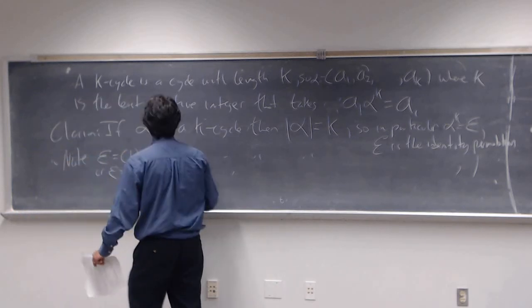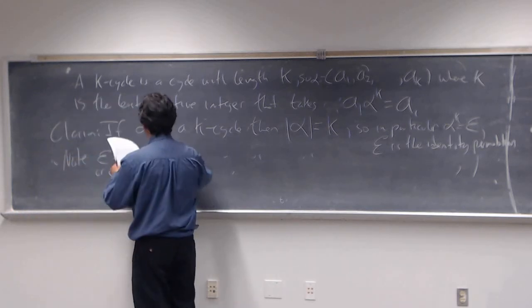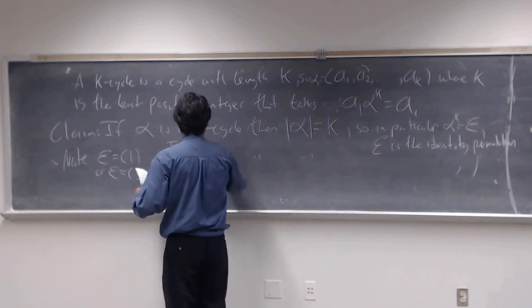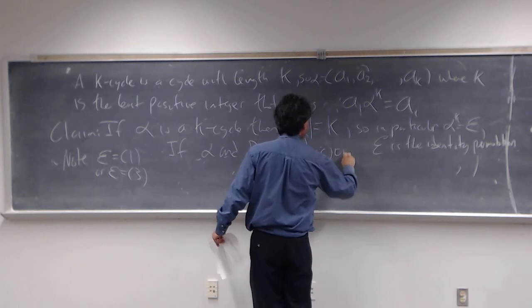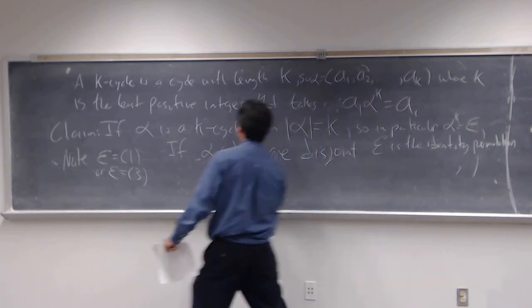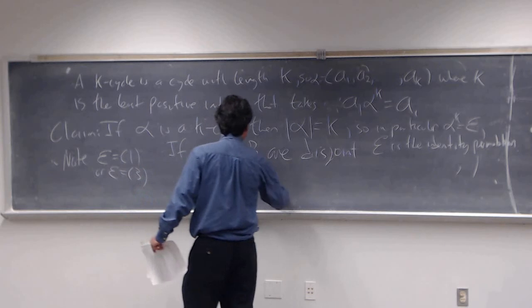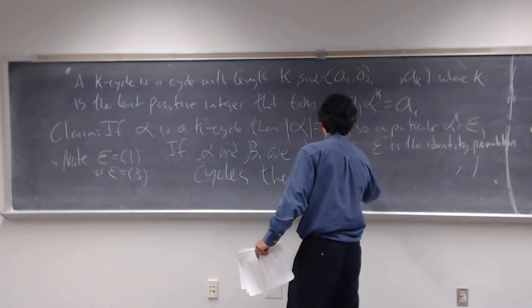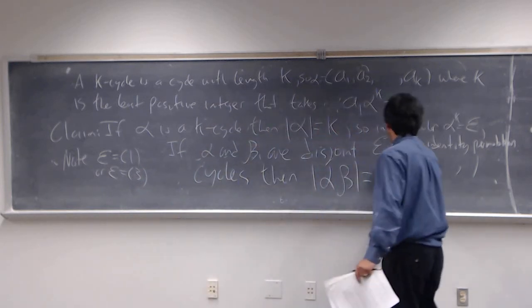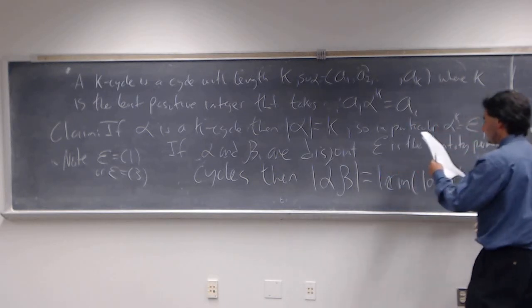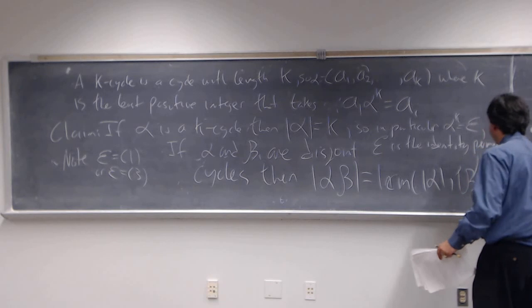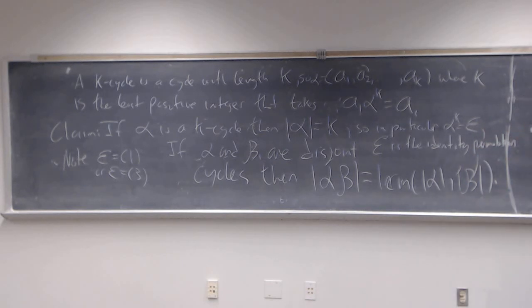And maybe we'll prove the claim, but let's also say: if alpha and beta are disjoint cycles, then the order of alpha beta, well, you wouldn't necessarily multiply the lengths. It would have to be the least common multiple.